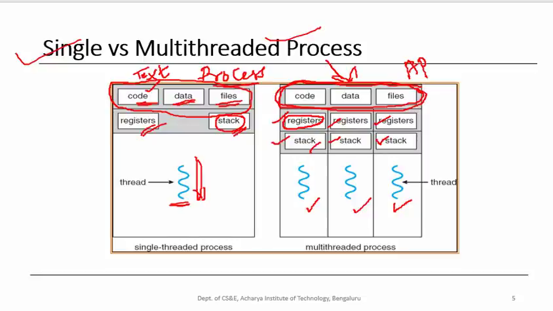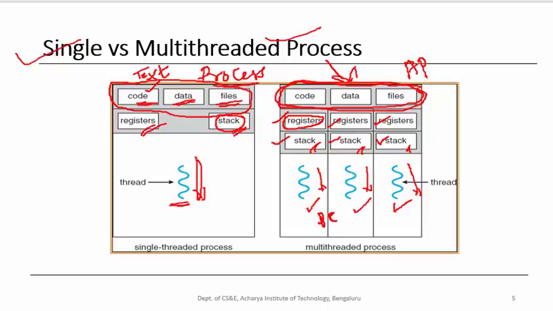Okay, and every thread will get some space for stacking the intermediate results or data that it can generate when it is running. Now every thread will have a program counter associated.